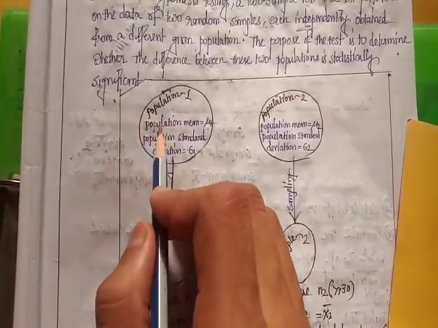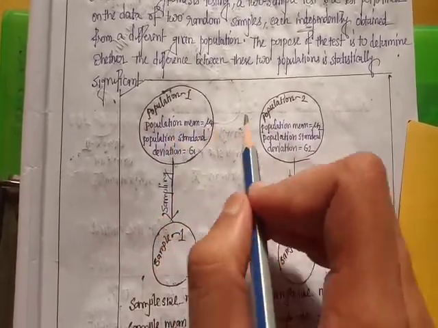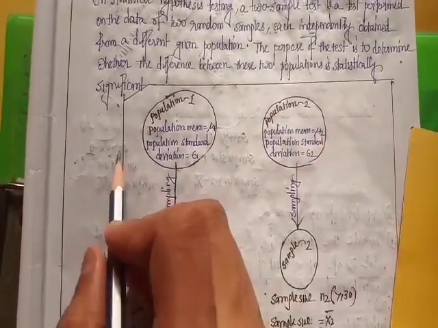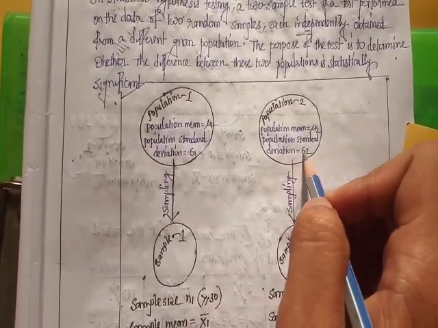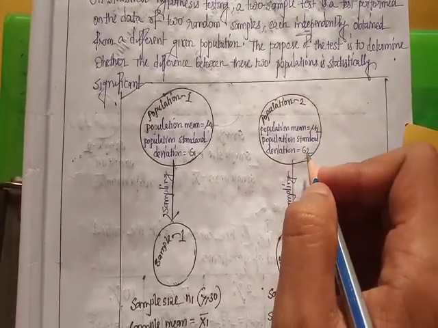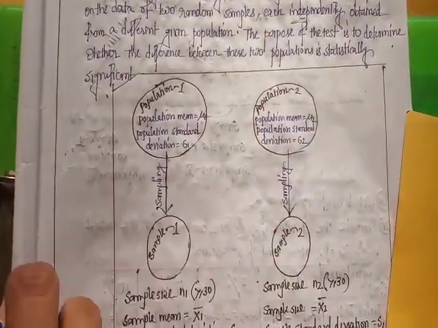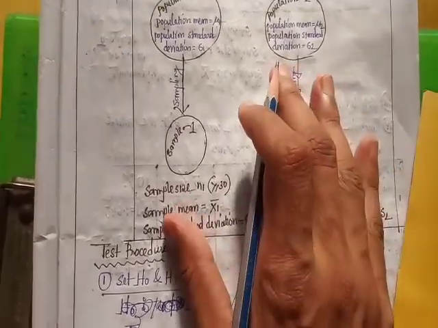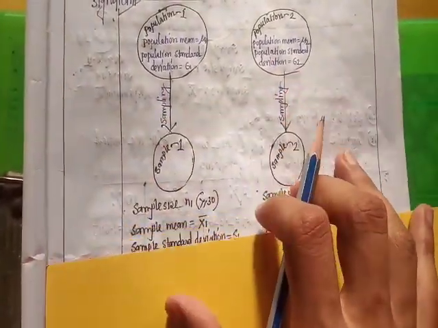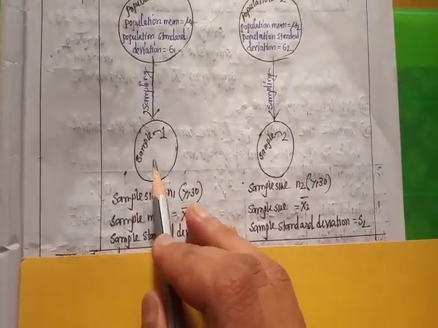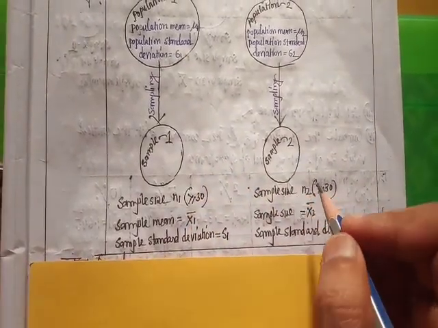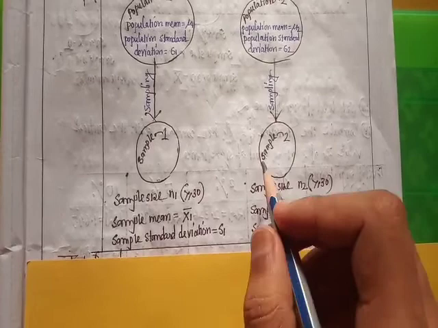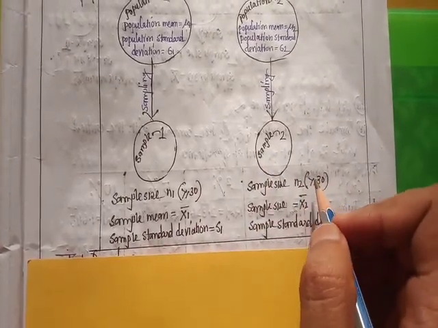Let the population mean of population 1 be mu1 and of population 2 be mu2. The population standard deviations are sigma 1 and sigma 2. This is sample 1 and this is sample 2. Sample size n1 is greater than or equal to 30, since this is a large sample test, and sample size n2 is also greater than or equal to 30.